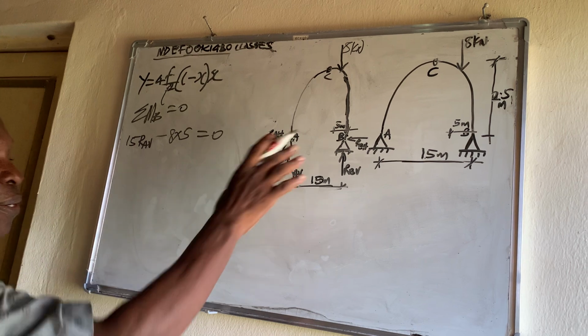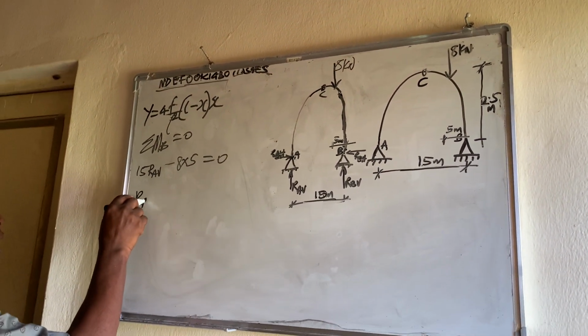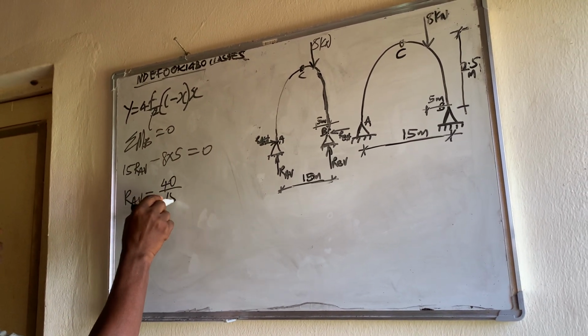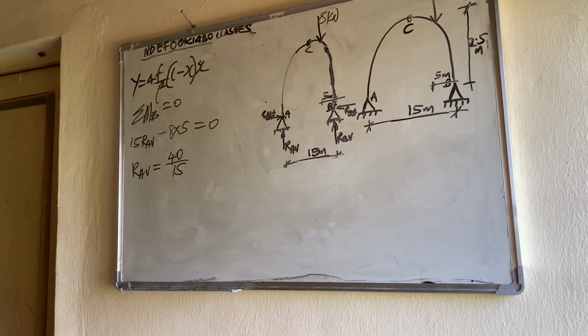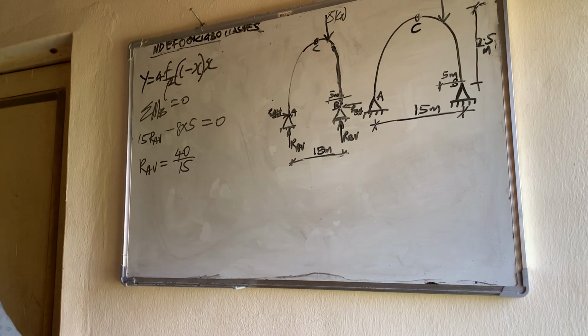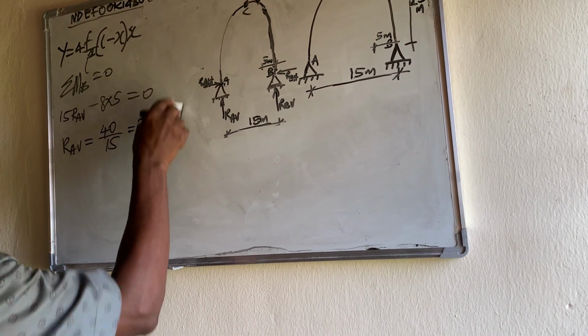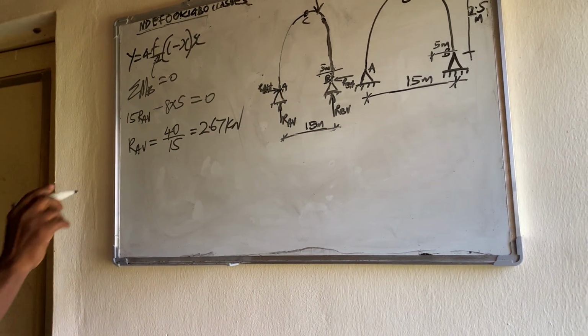There's no other load that can generate bending moment there. So R_A vertical is equal to 40 over 15, which is 2.67 kilonewtons.